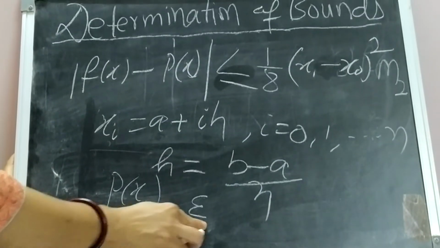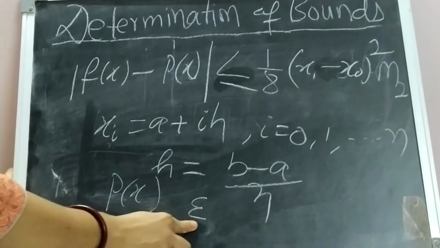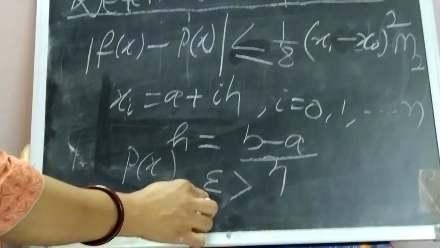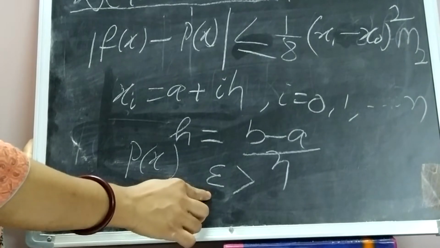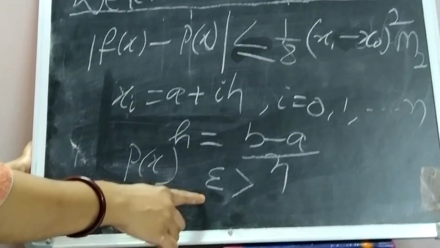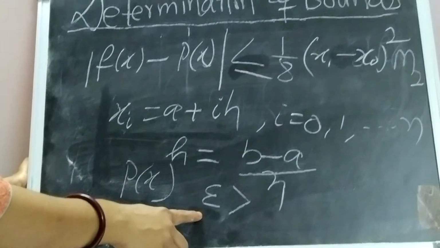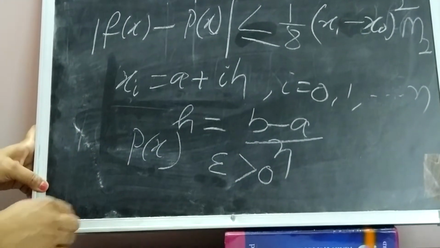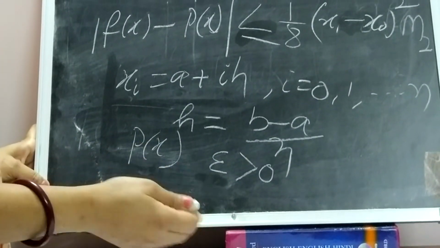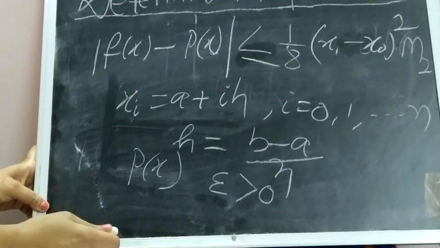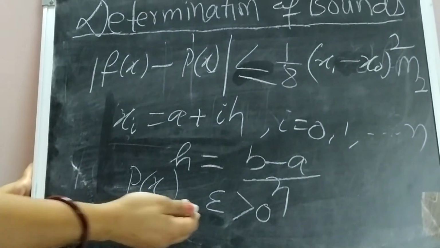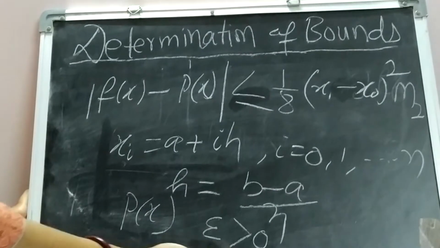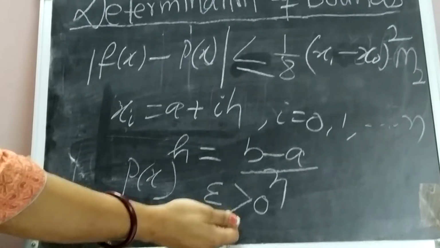Tolerance means we have to fix some value, epsilon, suppose we are fixing it, meaning this much error we can tolerate. If it is beyond that, the algorithm is not good, we cannot tolerate it. So this epsilon greater than 0 can be like 0.00005 or 0.00001, anything. It depends on the problem how much error you can tolerate.